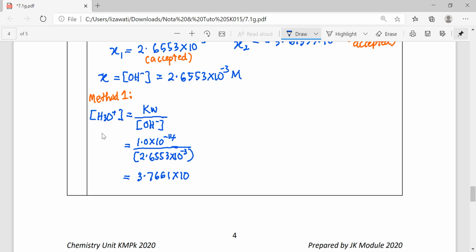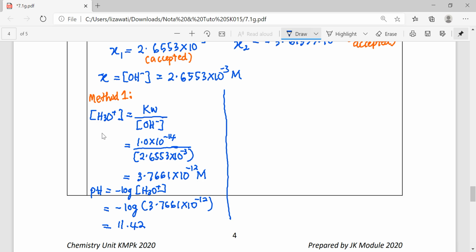3.7661. Alright, the next step you can calculate by using the formula of pH. Substitute the values and you will get 11.42. Alright, for the second method, calculate the value of pOH.